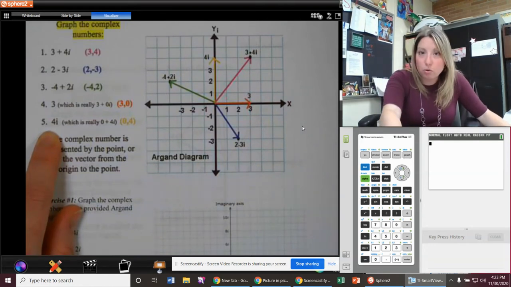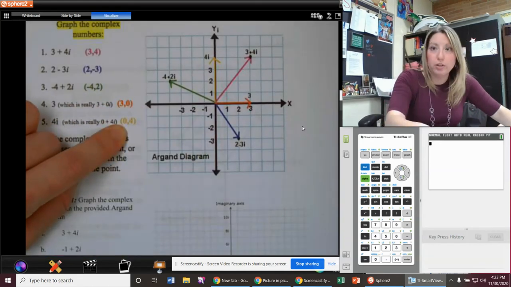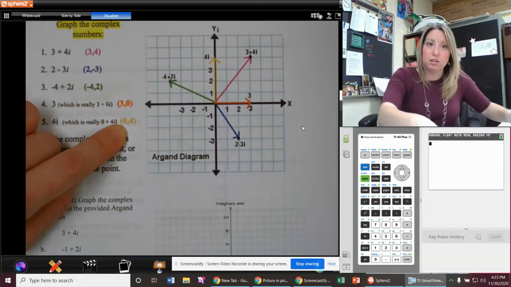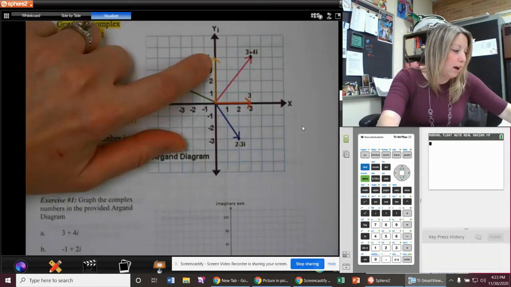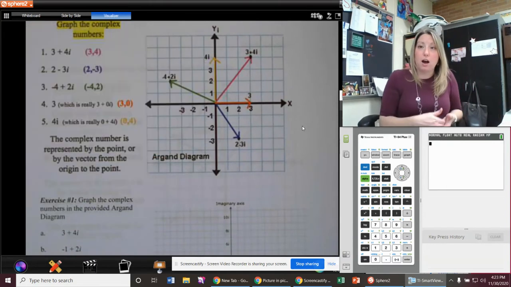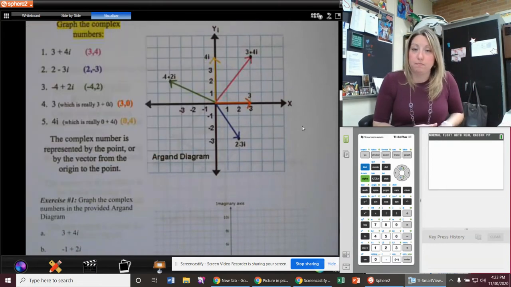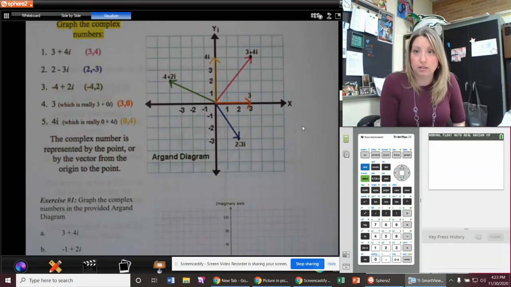Just the y value gets graphed, because 0 is your real number as a part of that. So it's really 0 plus 4i, so 0, 4 is what you would graph. You do still have to draw the vector from 0, 0, even if it's on an axis.